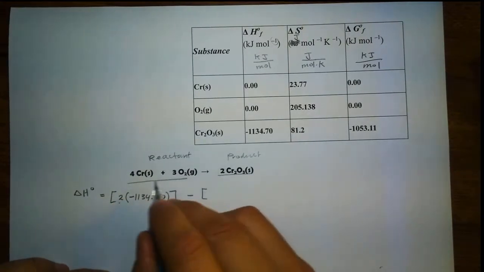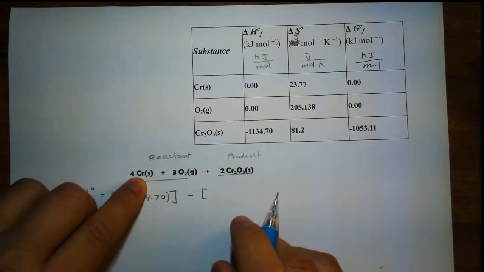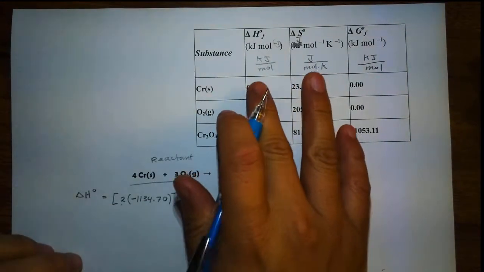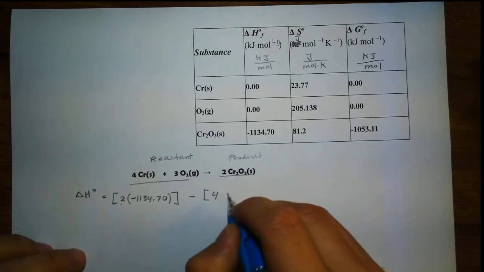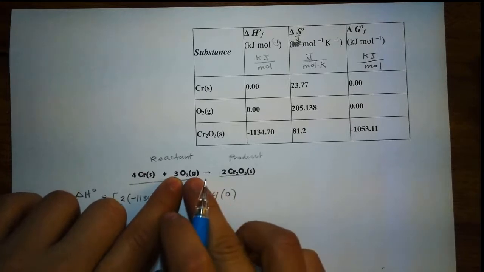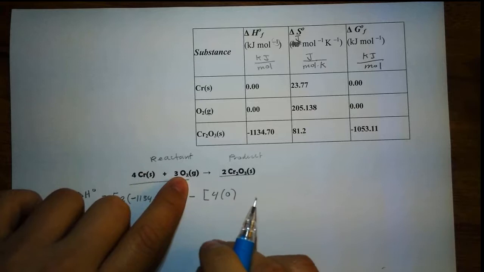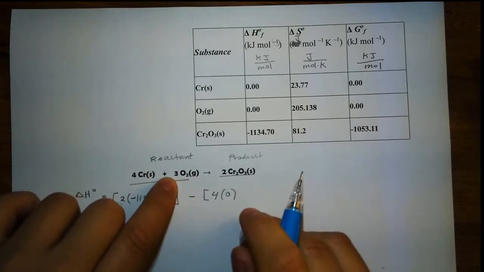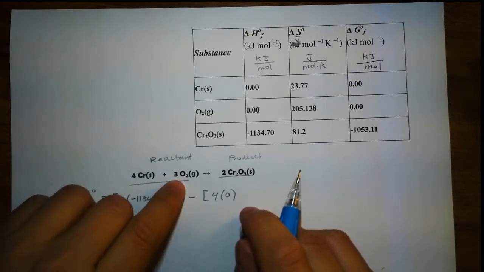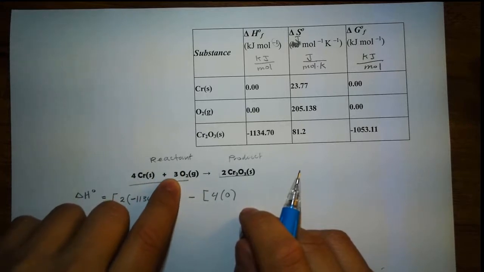So in this case, we have 4 of Cr, and I know right away this must be equal to 0, because it's an element. Okay, so the table says 0, and sometimes it's not given to you. So here we have 4 times 0, and then we also have 3 oxygen. Oh look, that's an element form, and it's equal to 0 as well. It is a pure element, so it is 0.